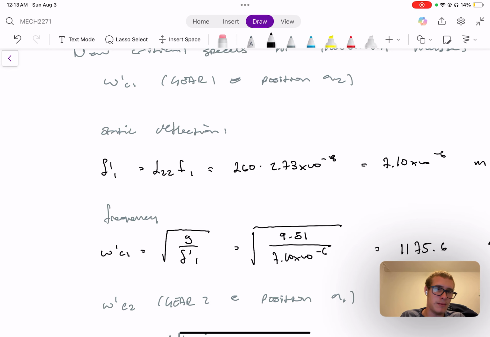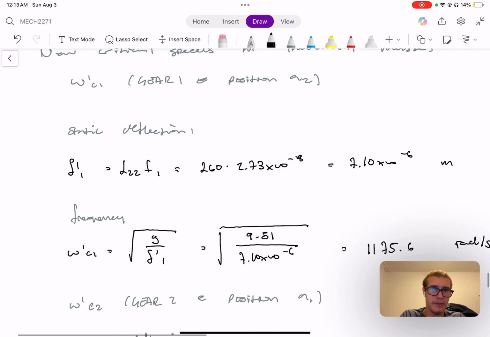You calculate the same thing, but here you're taking the alpha value for the second position, because it's at the location of gear two, but with the force of F1, and you get this value.